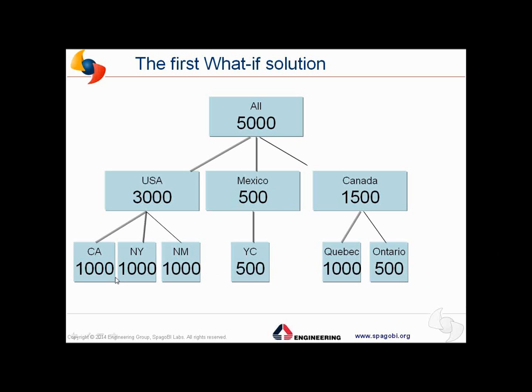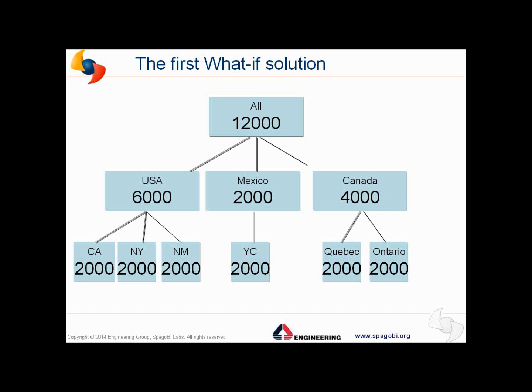In fact, here I have 1, 2, 3, 4, 5, and 6 leaves. I set the value 12,000, so I divide 12,000 by 6, and the result is 2,000. So every leaf takes 2,000 as value. Okay. Of course, the values of the leaves will be aggregated, and so this is the result of the modification.